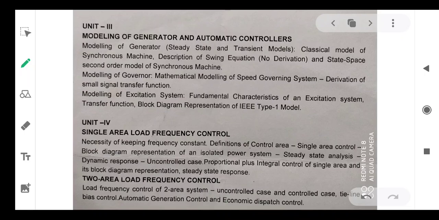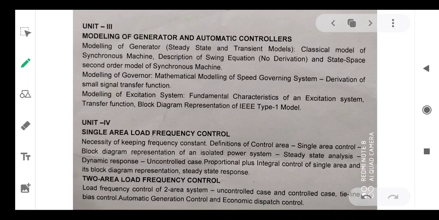So in the fourth unit, we'll obtain the transfer function model of a single area power system and its steady state and dynamic responses, and then modeling of tie line and second order two area control transfer function model can be obtained, and then its steady state and dynamic responses have been obtained.